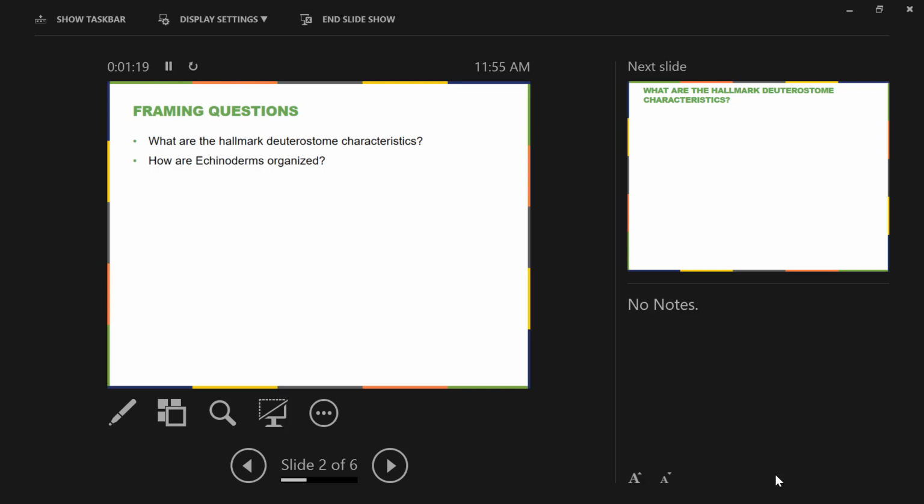And then finally, how are echinoderms organized? Echinodermata is our one big phylum of invertebrates that are also deuterostomes, because in the phylum that we are part of, most of the living species and most of the fossil species are vertebrates. There are some invertebrate representations in our phylum.